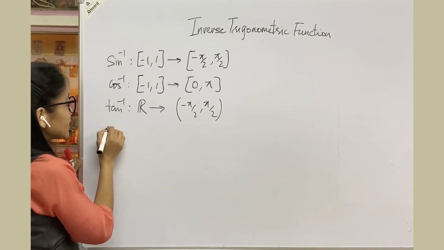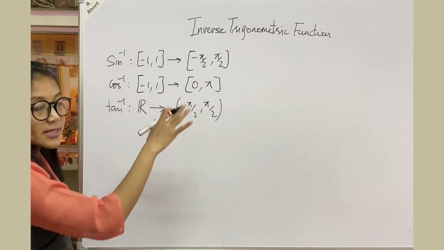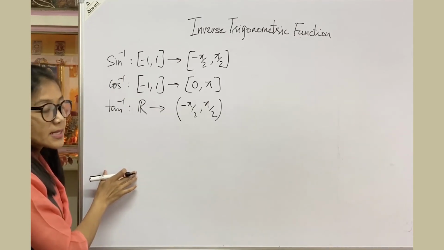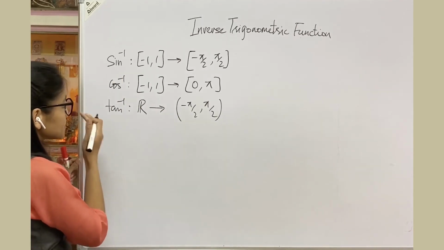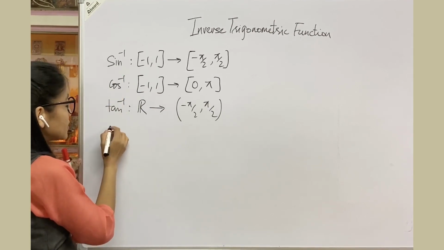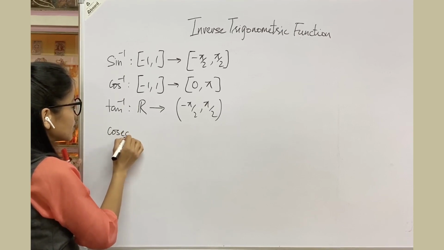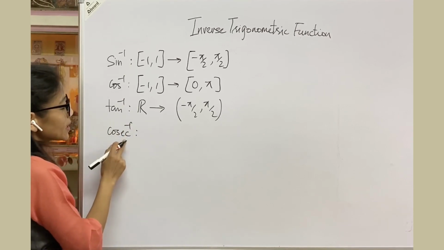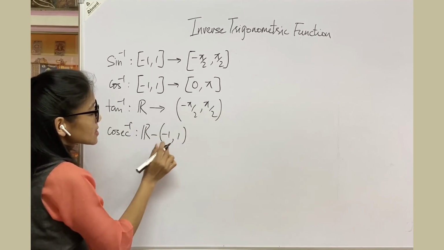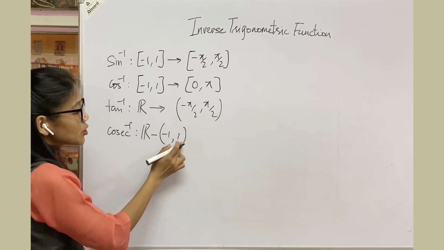Now for these 3 we had discussed together, and the other 3 I had asked you to do as an assignment, and I hope you got the correct answers. So I'll give them here. Then we have cosec inverse. Its domain is the set of all real numbers, excluding the open interval -1 to 1.